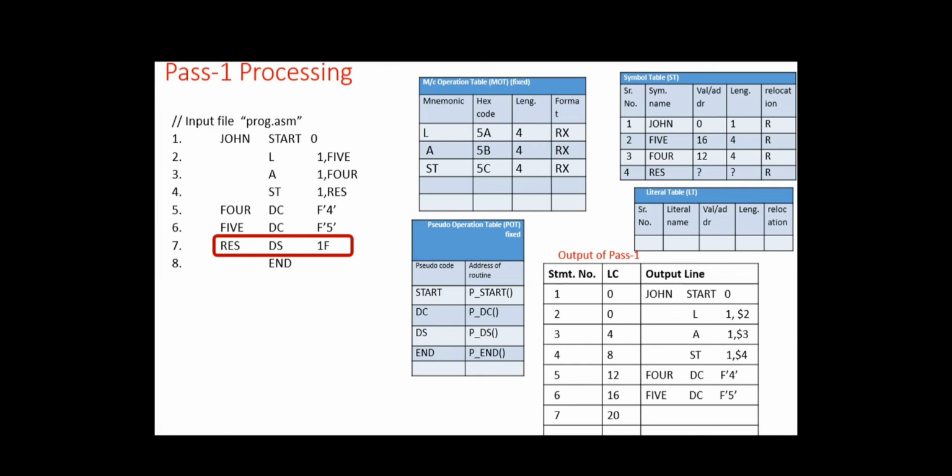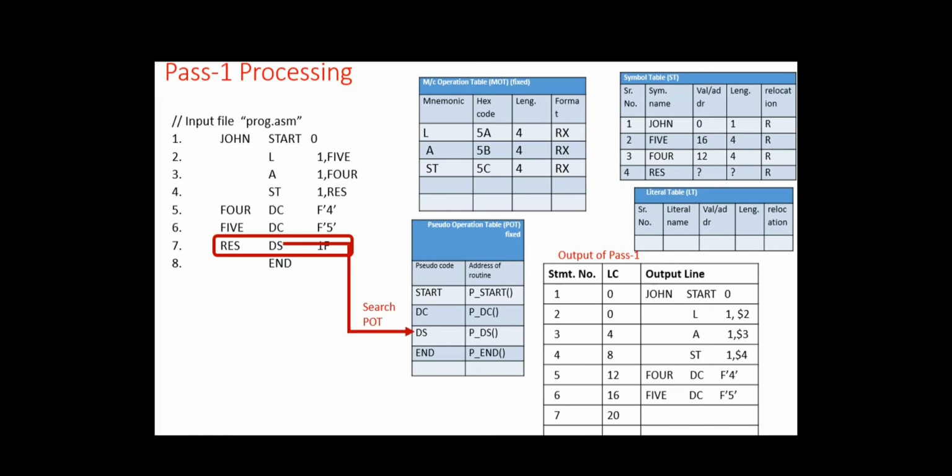Next line again has a pseudo-op found in the pseudo-op table, but this time we have DS. DC and DS are a little bit the same, but in future you can see the difference. DC में आप value store करते हो, DS में वो value space blank रहता है. That space reserved in memory will be blank. So for the current instruction, DS found.